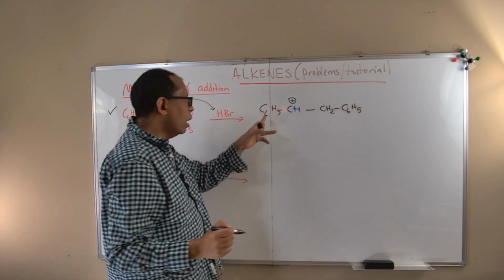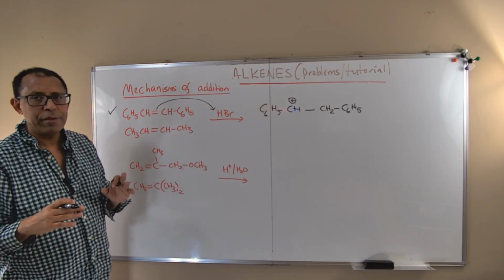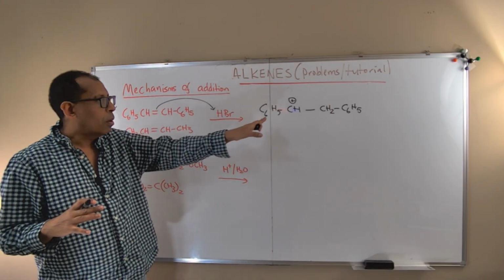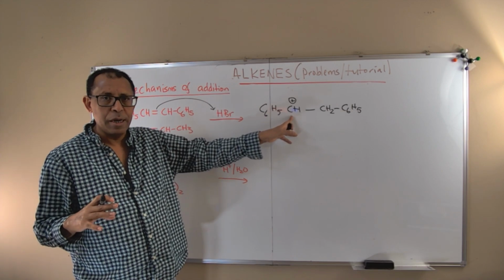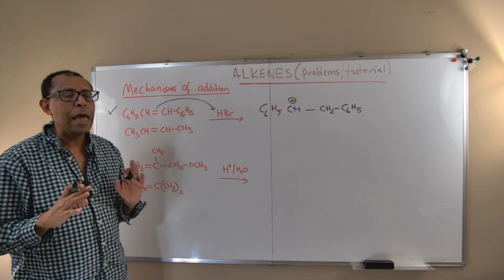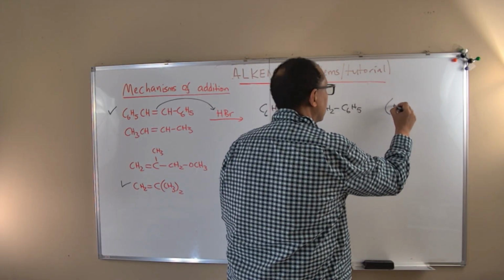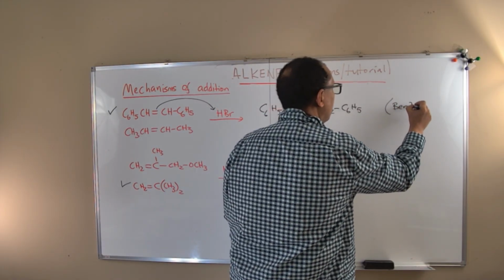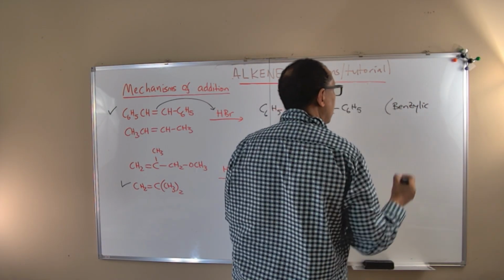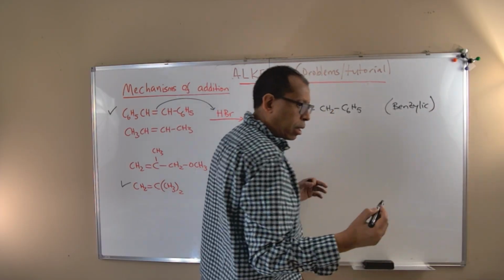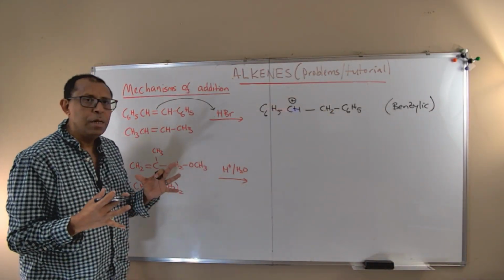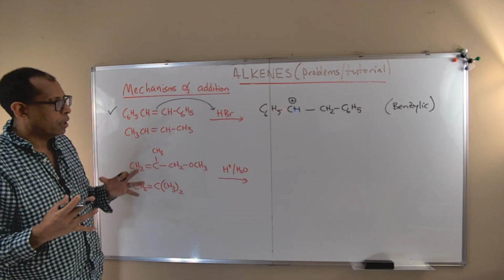By the way, you should know that C6H5 is a phenyl group. So the type of carbocation formed here is called a benzylic carbocation. You may not have seen it before, but it's called benzylic. It's more stable than a tertiary carbocation, a very stable benzylic carbocation.